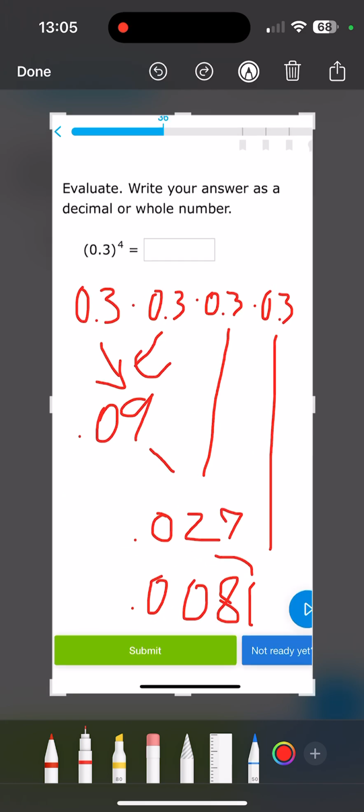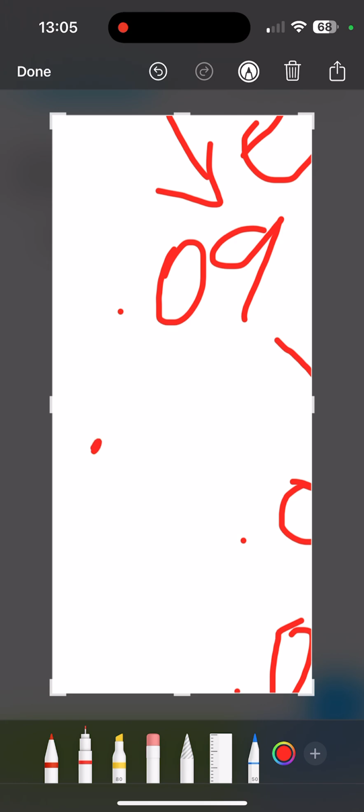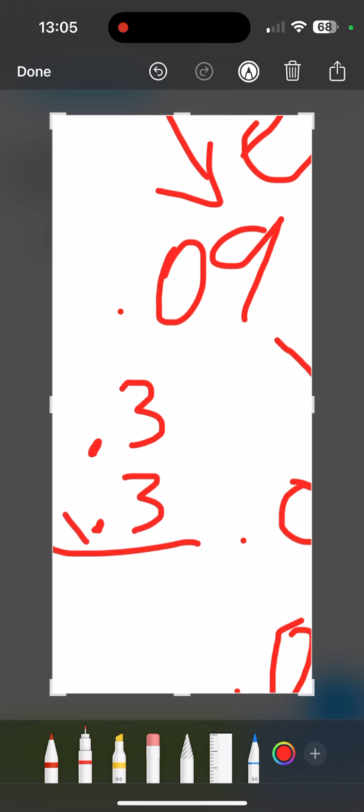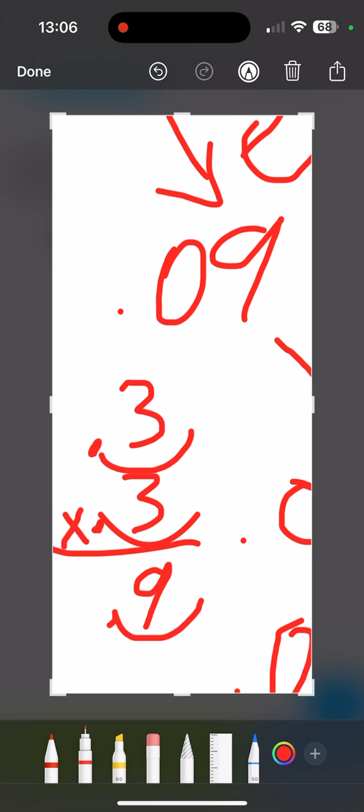I mean, if we had to do this old school, I don't think I need to necessarily demonstrate that, but you guys should know, 3 times 3 is 9, and then you can count decimal digits from the left over there, and then count it to the right.